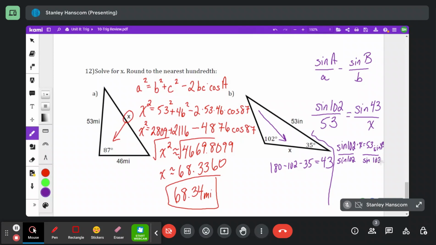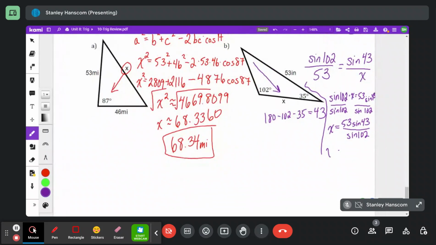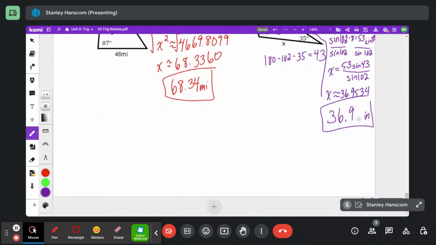So that gives me x is equal to 53 sine 43, all divided by sine of 102. If we type that in our calculator, we get an approximate value of 36.9534, or rounded, 36.95 as the missing length. Oops, I said 5 and I wrote 3. 36.95.